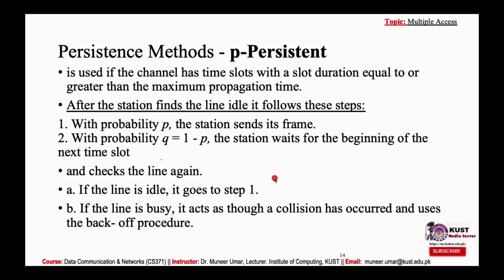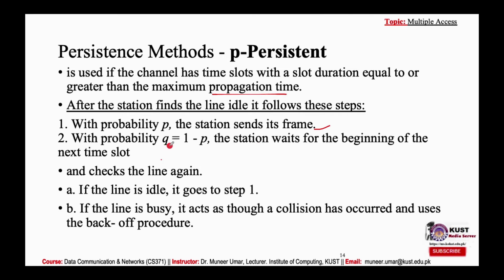Next is p-persistent. This is a probability based method. It is used if the channel has time slots with a slot duration equal to or greater than the maximum propagation time. So if the station finds the line idle, it follows these steps. First, with probability p, the station sends its frame.